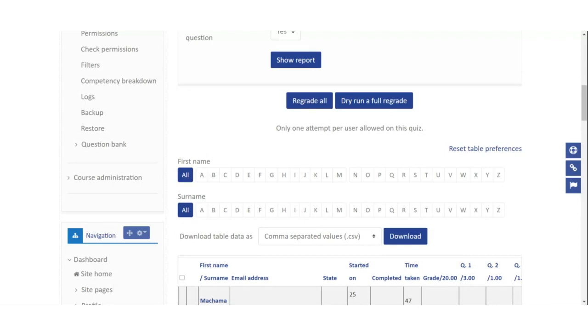Valentine, you said you cannot access your result. Did you check on the grades? Valentine, are you there? You cannot access, okay?